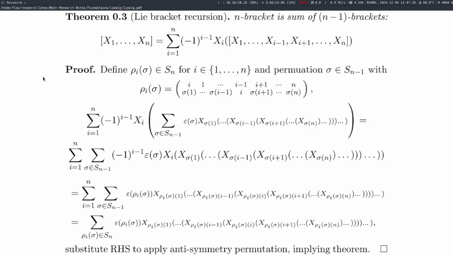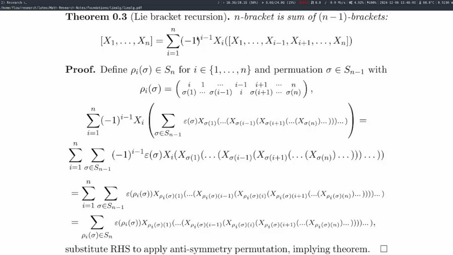So yeah, this basically allows you to generalize the bilinear Lie bracket to the n-linear case, completely multilinear, and the recursion even simplifies the number of evaluations that you need, and it makes it nicer to write down the definition of each higher order bracket in terms of the lower order brackets as just a sum over 1 through n.